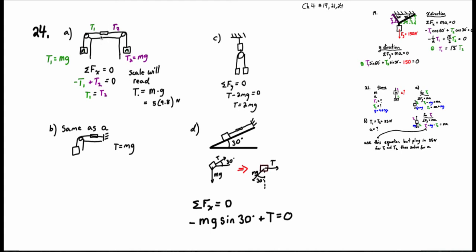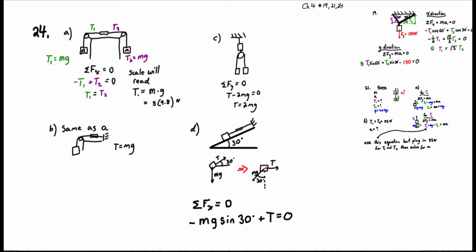So we can try this with spring scales in class, but if you have this scenario right here where you have two masses with a pulley and they're pulling on a spring scale in the center, well, that means that it has a tension pulling from this side due to this mass and a tension pulling on this side due to this mass. And the masses are equal in this case.